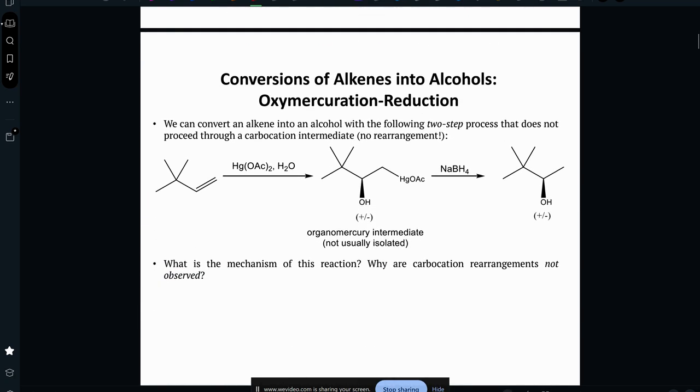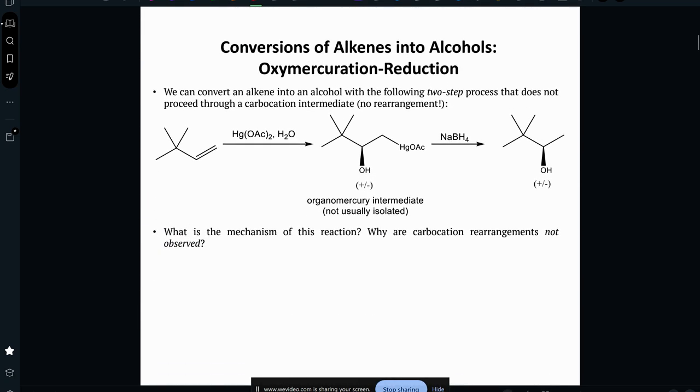So the first one is the one that's going to avoid rearrangements. We call this oxymercuration reduction. It's a two-step reaction. You first mix your alkene with one set of reagents, allow it to react completely. You get an intermediate product, and then you add a second reagent to finish that conversion.